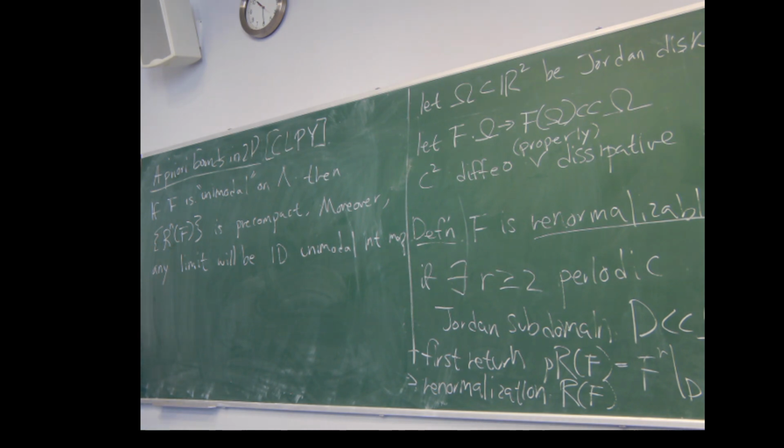But C2 is simple and it's sufficient. And for the limit unimodal map, what kind of smoothness can you guarantee? Let's say C2, although if you assume some additional things, then you can guarantee that it's analytic.